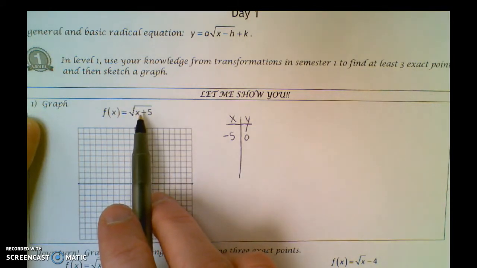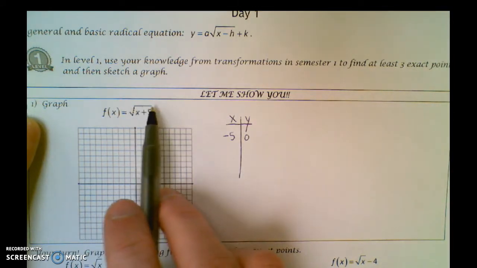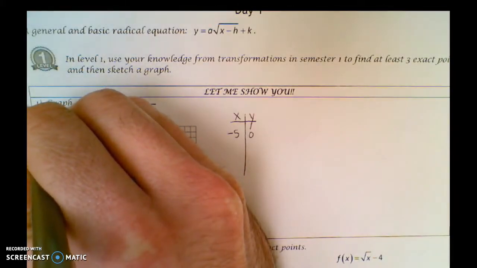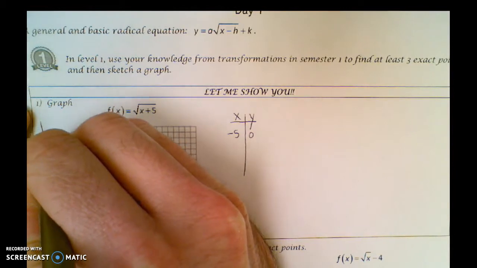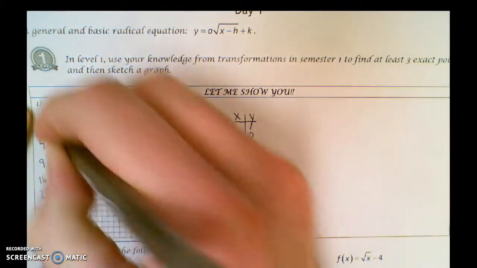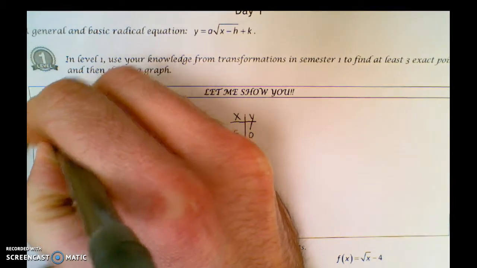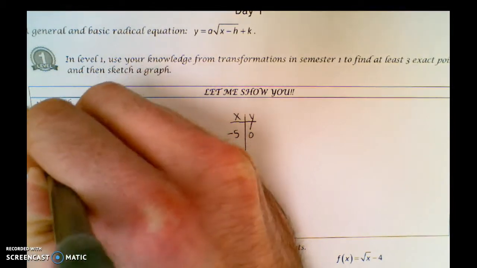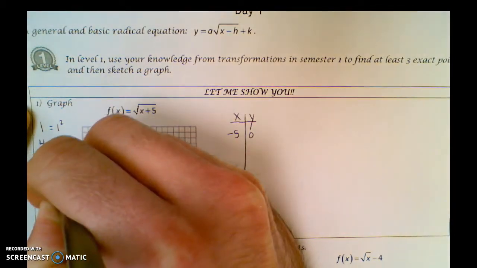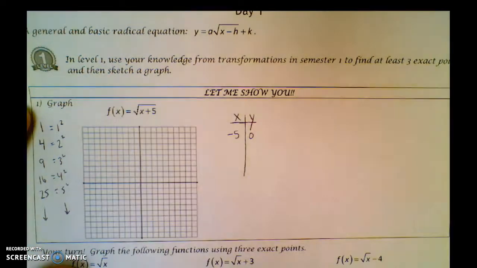So since I'm square rooting, I want to square root numbers that are perfect squares. So remember, the perfect squares are 1, 4, 9, 16, 25, and so on. Because this is 1 squared, 2 squared, 3 squared, 4 squared, 5 squared, and so on.